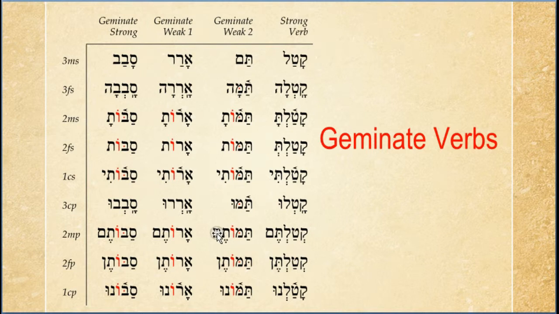Well, obviously you cannot put a dagesh inside of a resh, so that can't do anything about that. But still, the dropping out is the same pattern. And basically, that's what your Geminate verbs do.